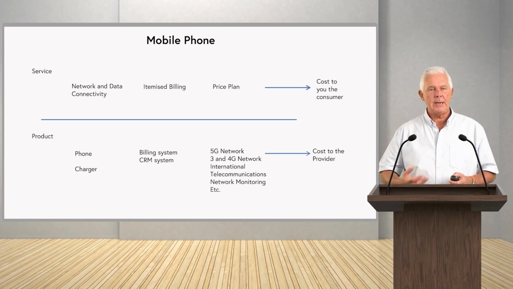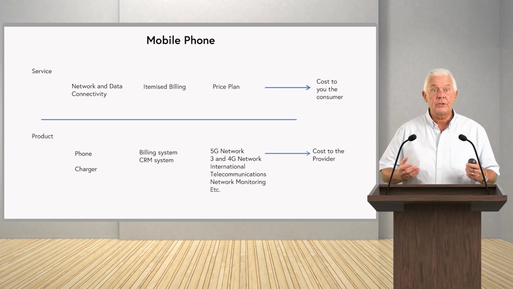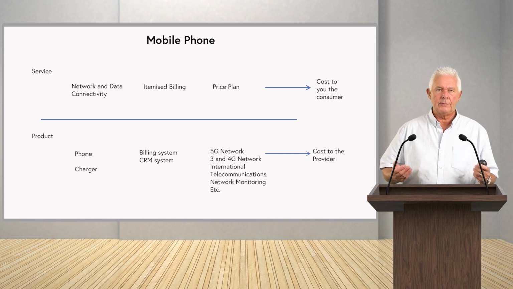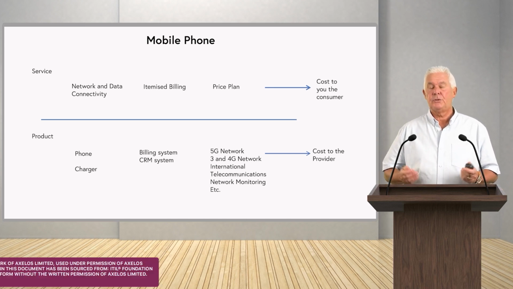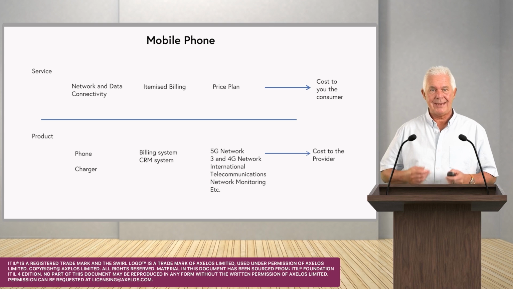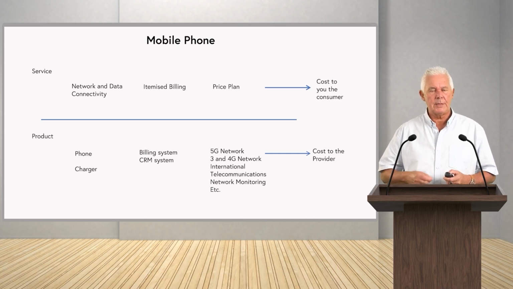So the phone really is a product. Later we might call it goods. It doesn't actually do anything, but you need a phone to be able to use a mobile phone service. But it is the service that creates the value, because without that service, it's just a piece of technology that, to be fair, doesn't do an awful lot. So it is the service that creates the value and those outcomes that you wish to achieve.